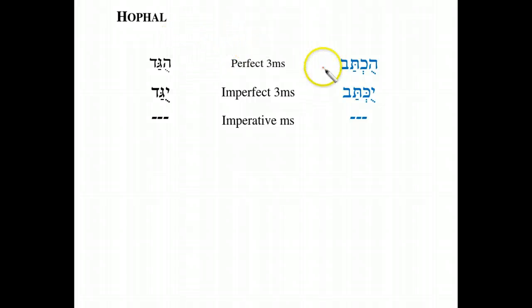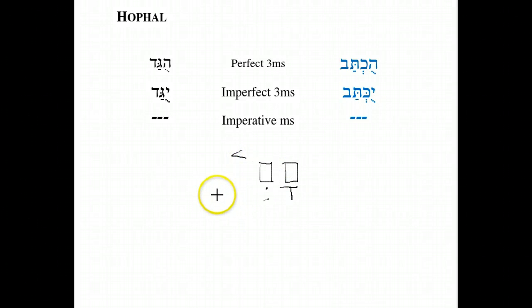And the last form we're looking at is the hof'al. The hof'al perfect. Remember, there were two alternate forms with the hof'al. There was either a form with a kamat, with a shva underneath it, which was unaccented, in which we said hof, the ho sound.